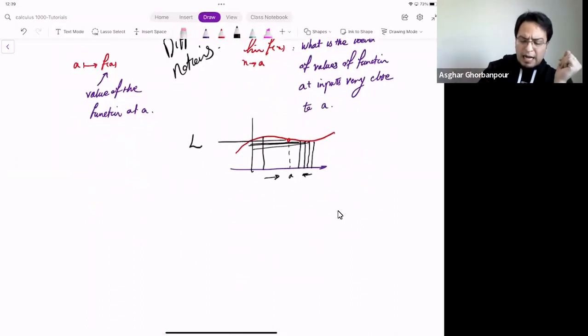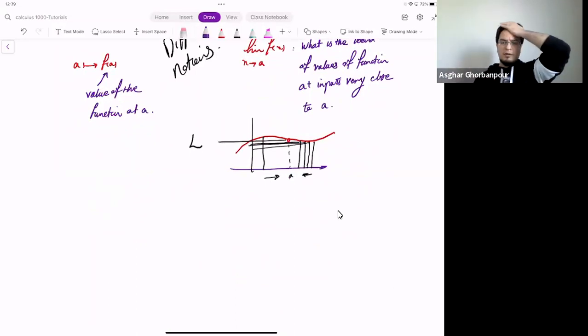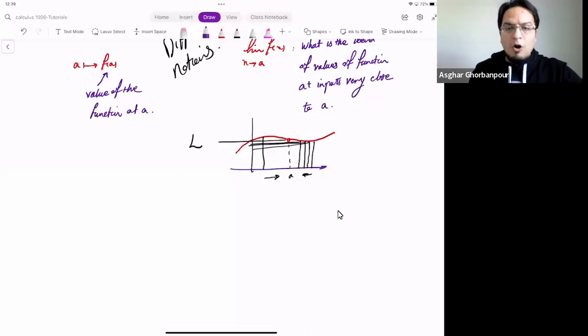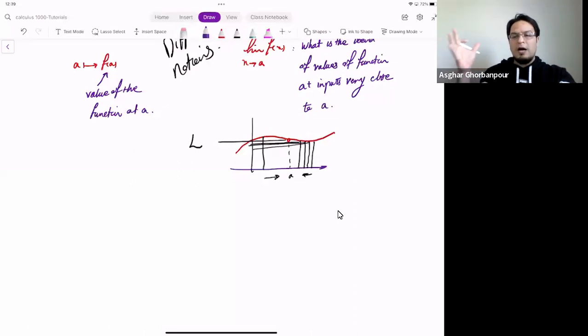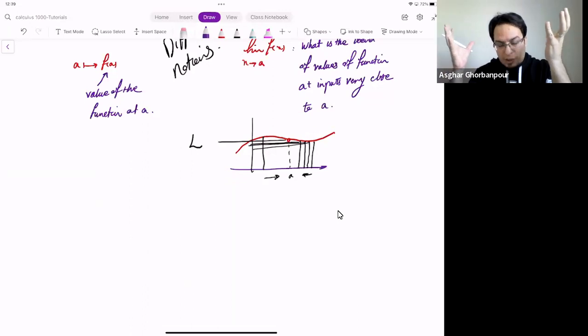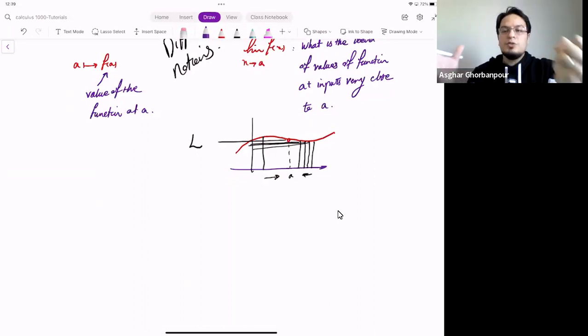Well, I believe that you have watched videos and have gone through some basic examples. There is a precise way of making sense of that. But all those things will turn out for us at the end as a toolbox of facts, theorems, that we can use to evaluate limits.